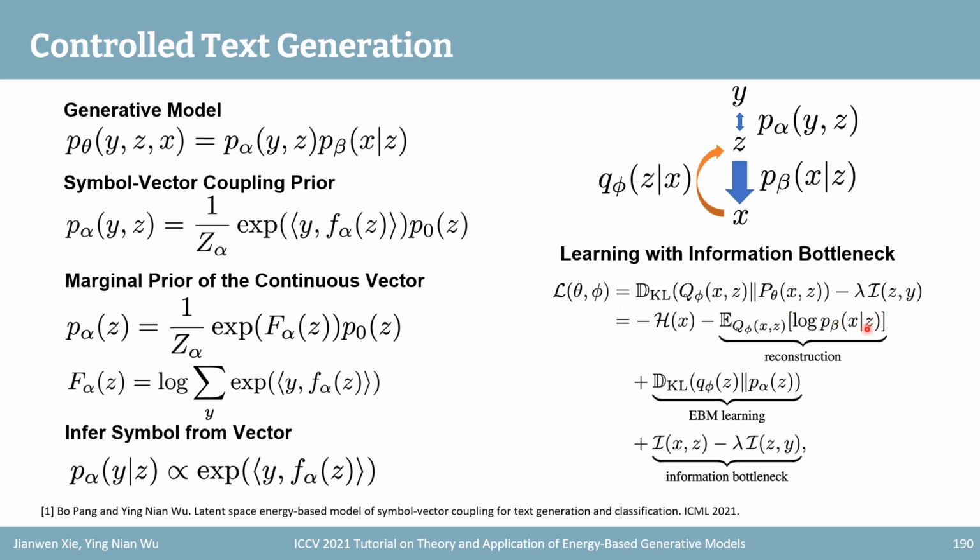We can also add this term so that we can decompose this regularized objective function into those three terms. One is a reconstruction term for learning the generation model, and the other is the prior learning for learning this prior model, p alpha, the latent space energy-based prior model.